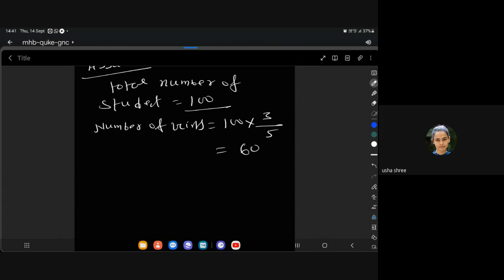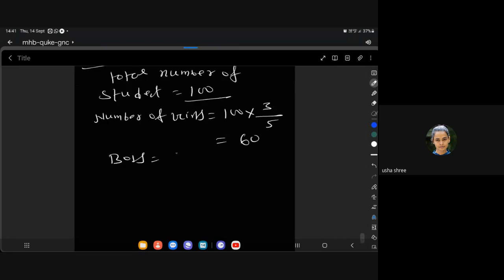Yes. I have assumed that the total number of students is 100. Out of 100, according to the question, 3/5 is the girls. So what is the number of boys? 40. Obviously. Rest are boys means out of 100, 60 are girls, so 40 are boys. Okay.